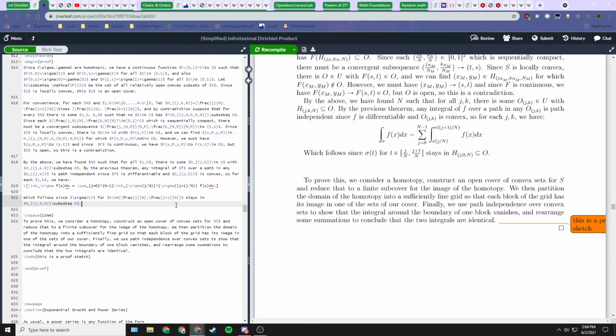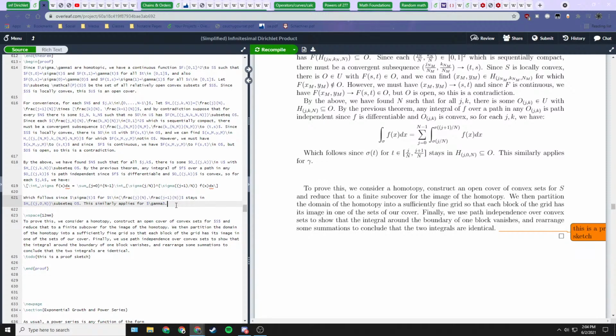Similarly, this applies for gamma. So that's that.